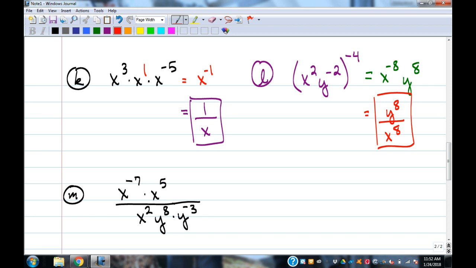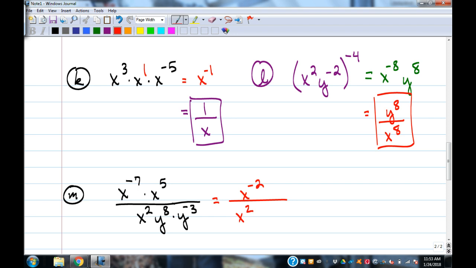What happens up here? Supposed to add, because they're multiplying together, they got the same base. x to the negative 7 times x to the 5th. You add the negative 7 and the 5, which gets you x to the negative 2. On the bottom, we got x to the positive 2 still there. We haven't done anything with it yet.